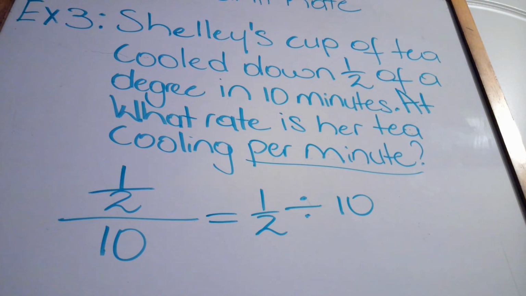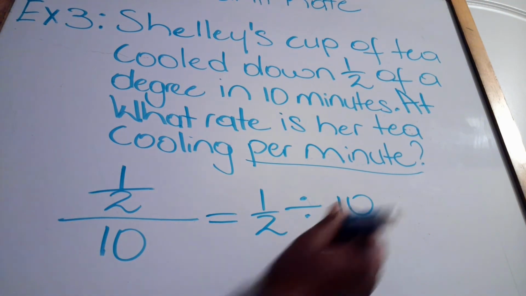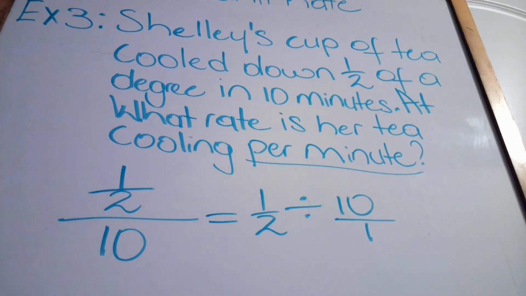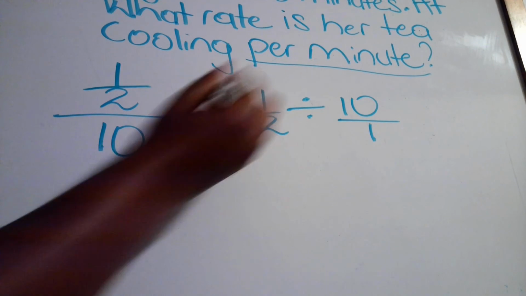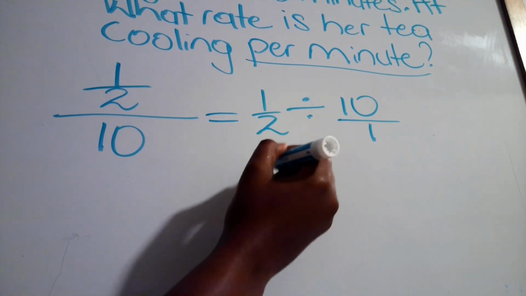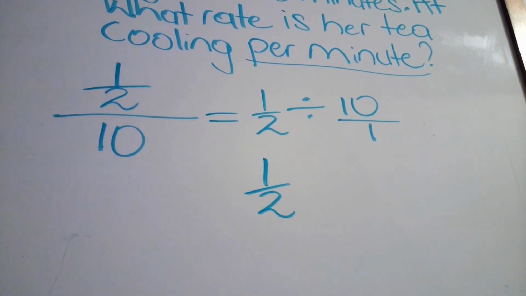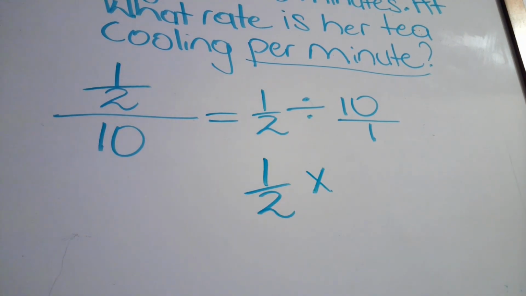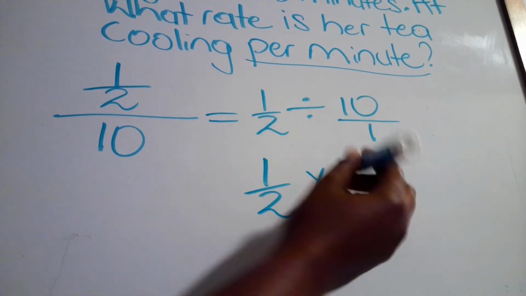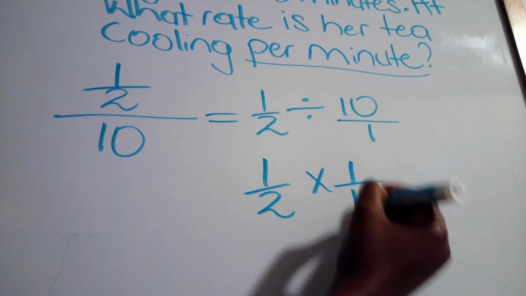And remember, we can write any whole number as a fraction by putting a 1 underneath that whole number. When we are dividing fractions, we keep the fraction before the division sign.